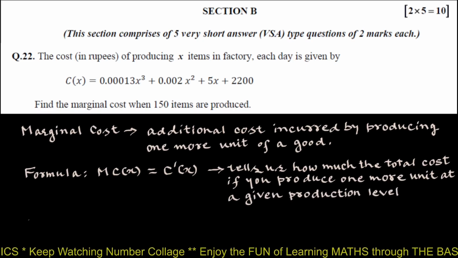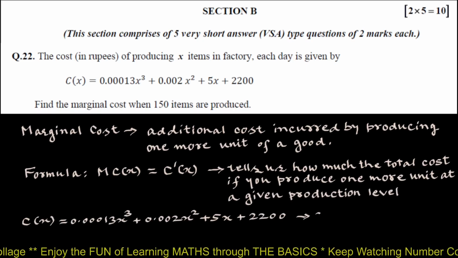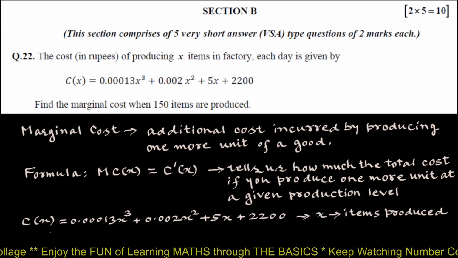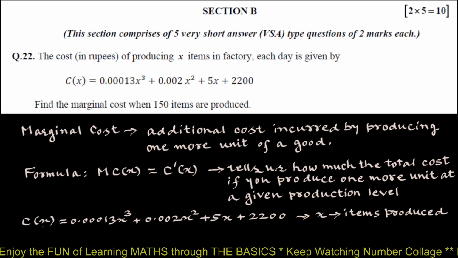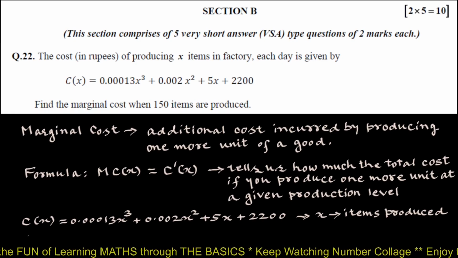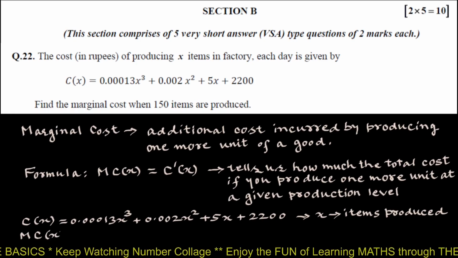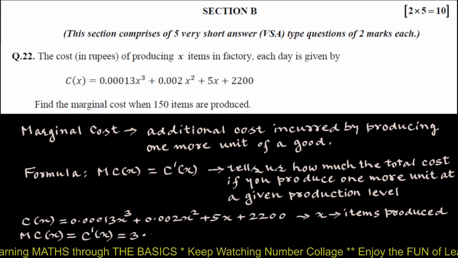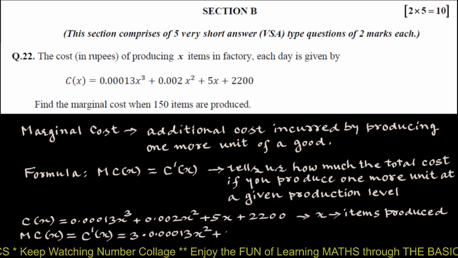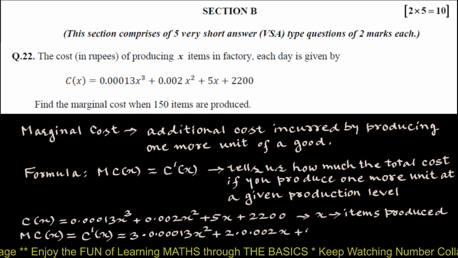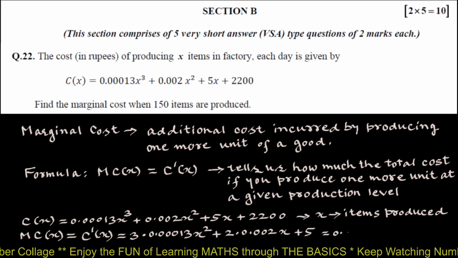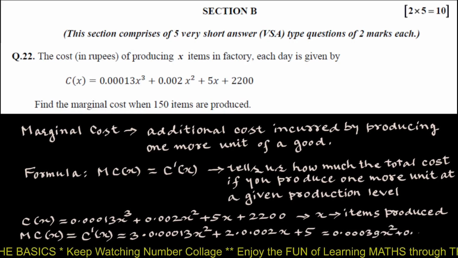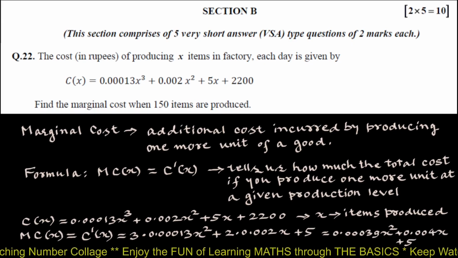Now we have the cost function given, where x represents items produced. Marginal cost can be obtained by differentiating the cost function C of x. That will be marginal cost of x equals C dash of x, that will be 3 into x square plus 2 into x plus 5, which is 0.00039 x square plus 0.004 x plus 5.